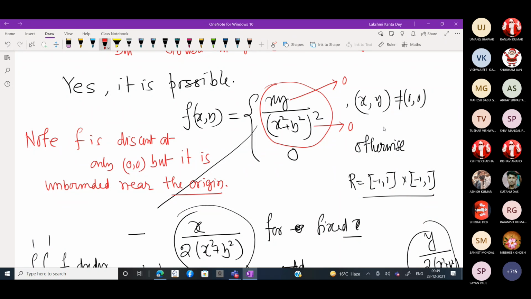So ultimately the function goes to infinity near the origin 0,0. So it is unbounded. You understand? Since the function is unbounded near the origin, and the origin is included in the domain of definition, we can say that its double integral does not exist.